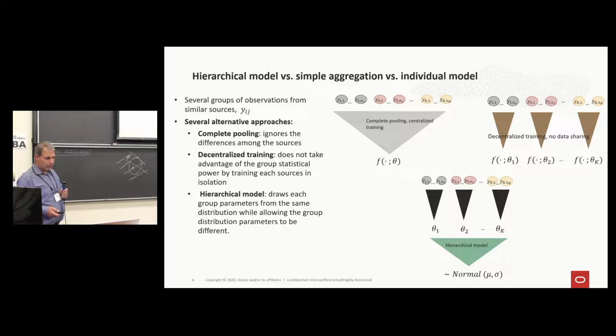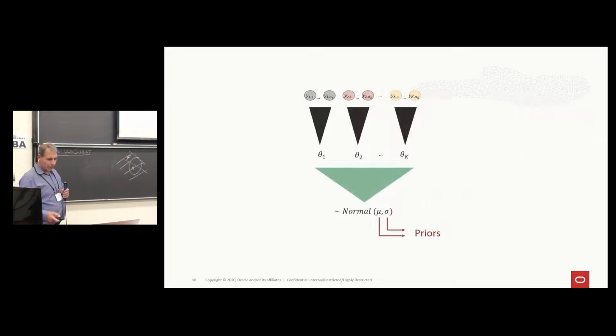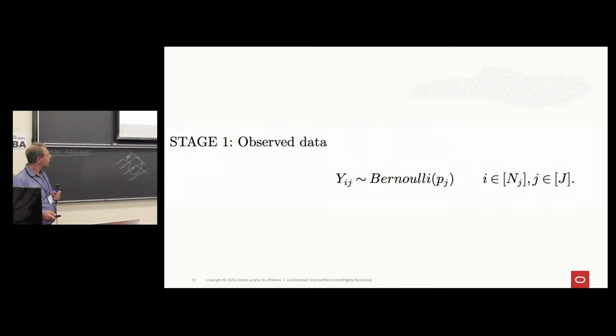In the next slide, I will talk about how we aggregate these individual models. We will use a common distribution, which is normal, and it has two parameters. And in order to have the perks of Bayesian inference, we also assign priors to these two distribution parameters.